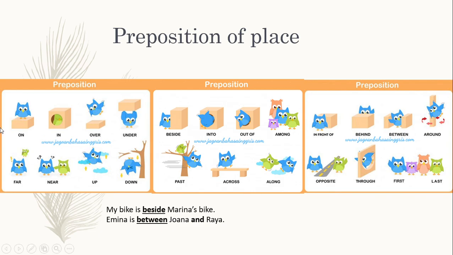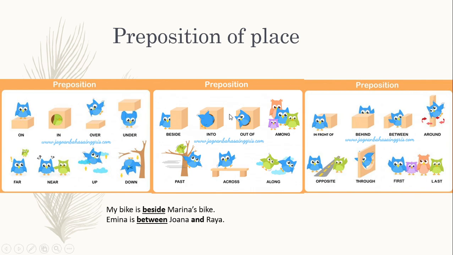Contohnya adalah ini: on, in, over, under, far, near, up, down, beside, into, out of, among, past, across, along, in front of, behind, between, around, opposite, through, first, and last.